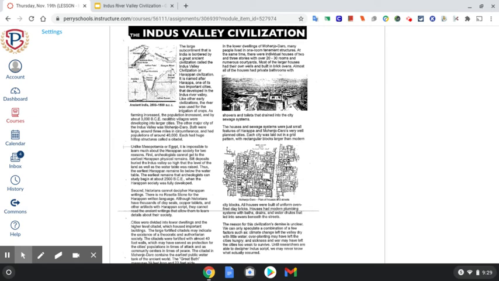It is named after Harappa, one of its two important cities that developed in the Indus River Valley. Like other early civilizations, the river was used for the irrigation of crops. As farming increased, the population increased, and by about 3000 BCE, Neolithic villages were developing into larger cities. The other major city of the Indus Valley was Mohenjo-Daro. Both were large, around 3 miles in circumference, and had populations of around 40,000. Each had huge hilltop structures called a citadel.